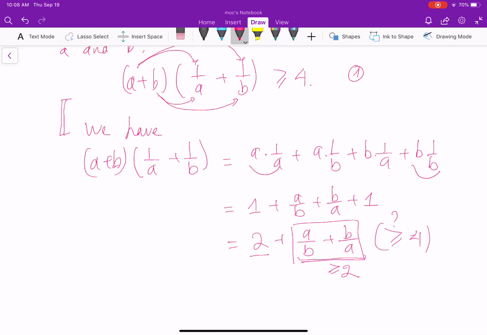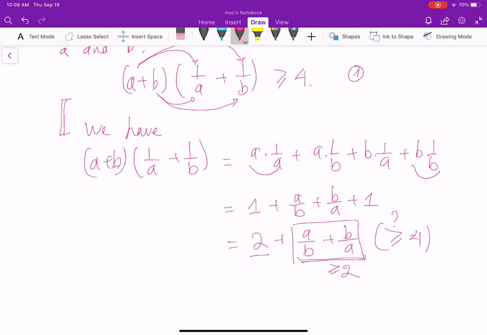So let's show that a over b plus b over a is greater than or equal to 2. Since both are fractions, let's cross multiply. On the left-hand side we have a squared plus b squared over ab, which is greater than or equal to 2.